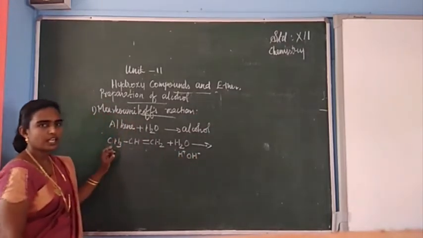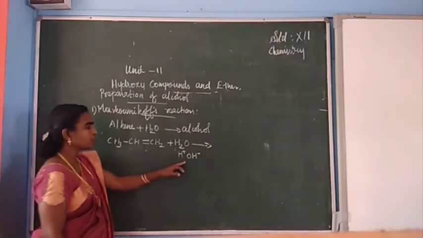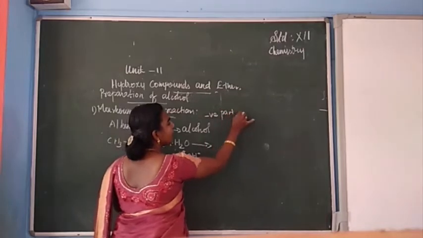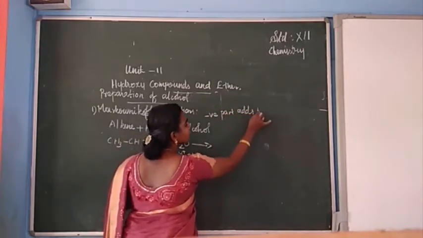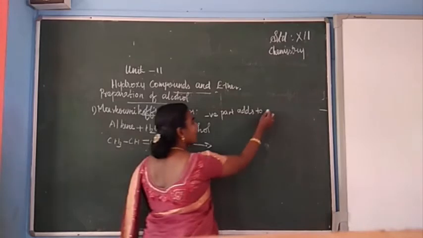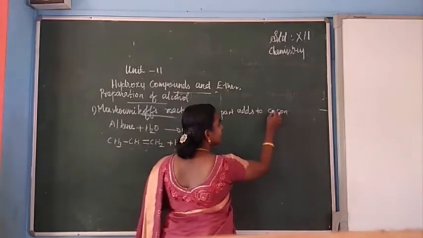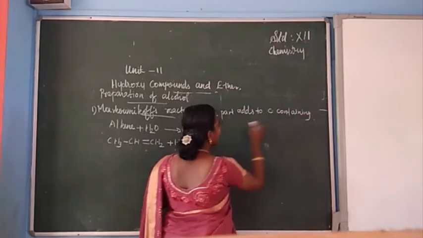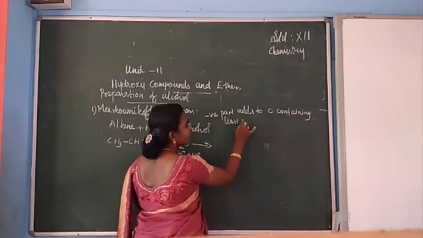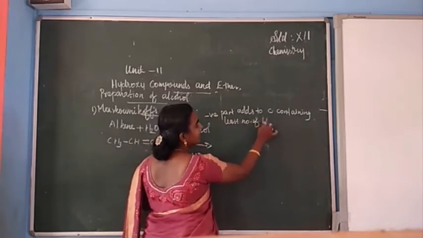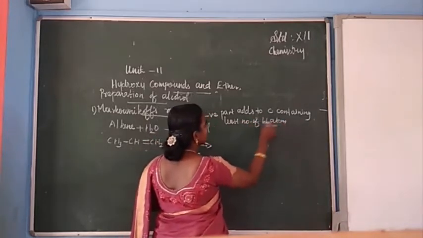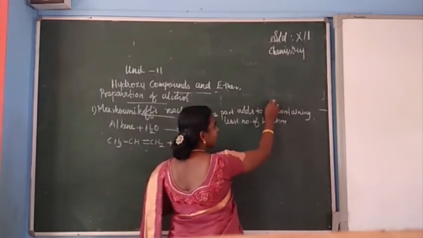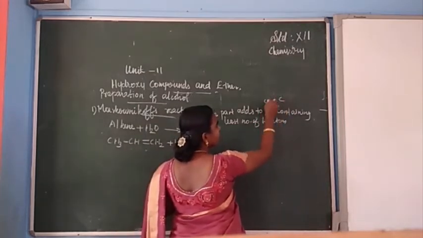According to Markovnikov's rule, the negative part adds to the carbon containing the least number of hydrogen atoms. So the carbon which we have to select is either side of the double bond, okay, here or here.